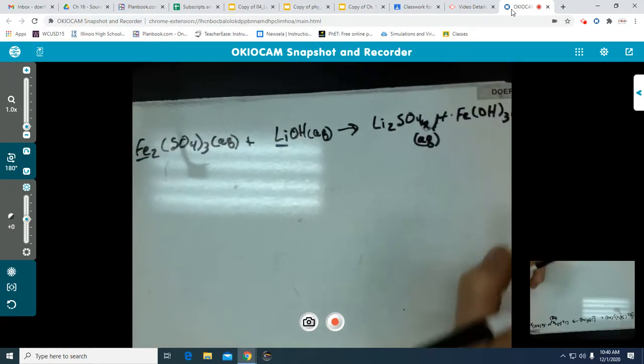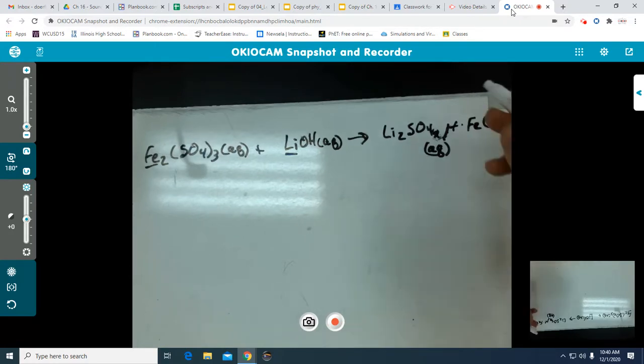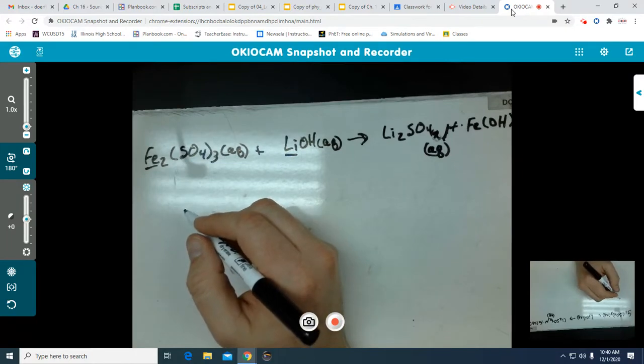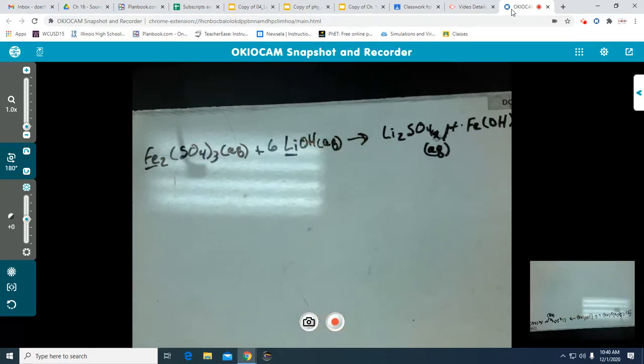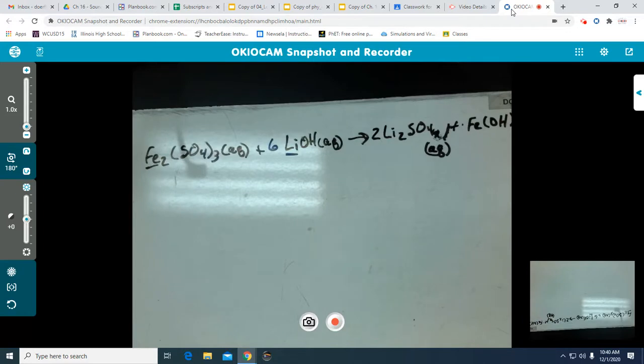Next thing we need to do is balance this. If you want to pause this and try to test your balancing skills, go right ahead. I'm going to show you the coefficients that belong in this reaction. We should have a coefficient of 6 in front of the lithium hydroxide, a coefficient of 2 in front of the lithium sulfate.